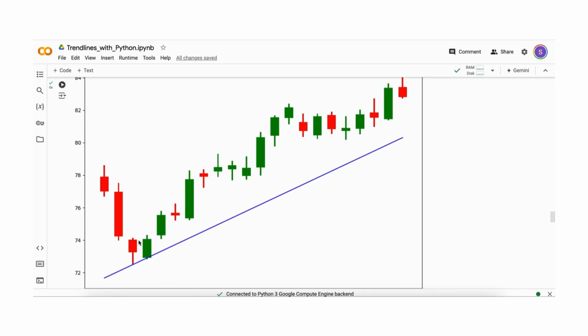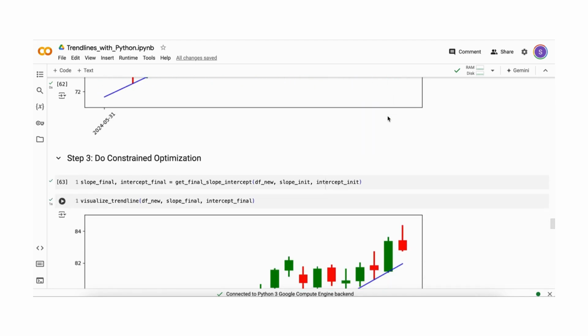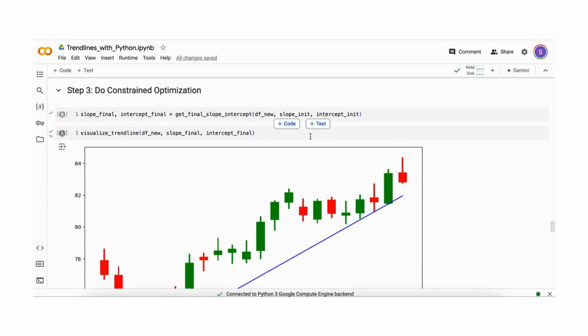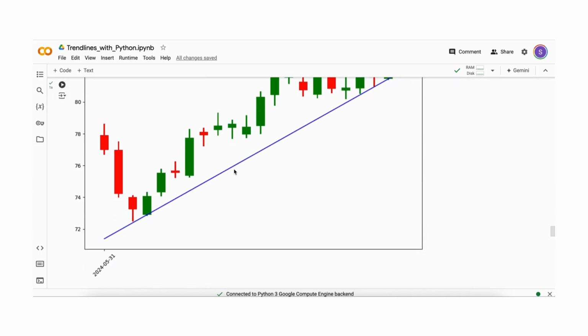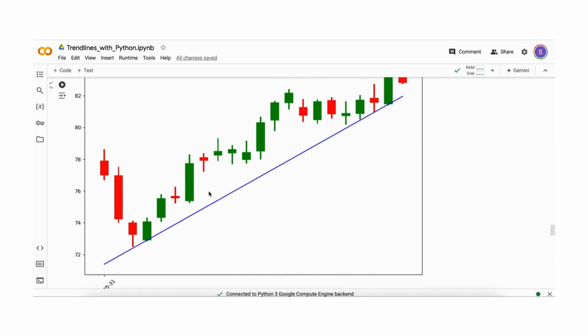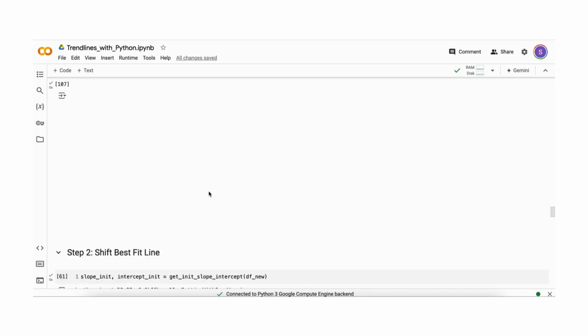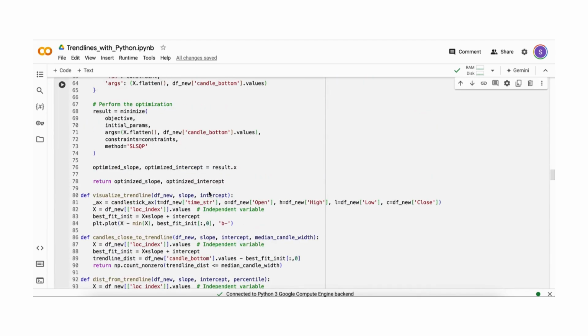Now the third step will begin, where we make the line fit more snugly. The idea is to solve the constrained optimization problem to get the final slope and intercept, and then we visualize these final slope and intercept here, as you can see. So how do we solve this constrained optimization problem?